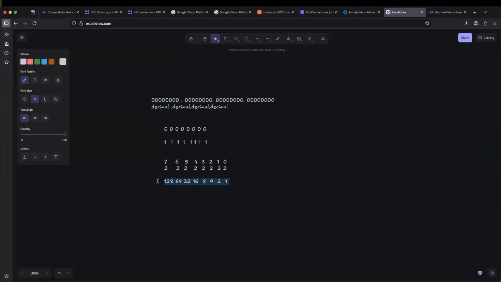These make up the first octet. Imagine you now have a dot here, and the same thing for the complete set of 4 octets.